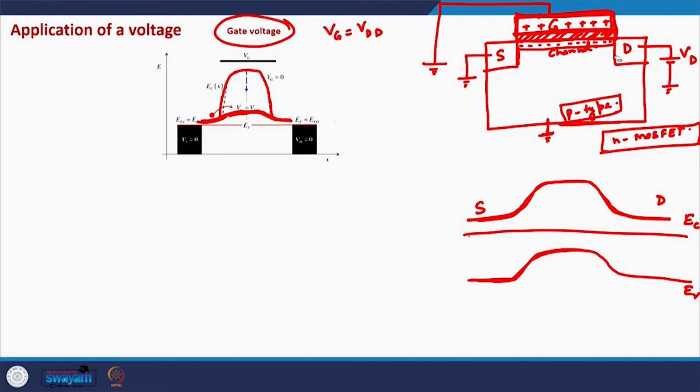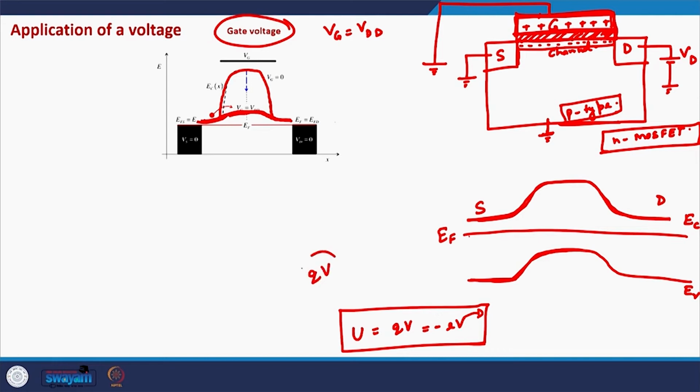So in this case, if there is a positive voltage on the drain terminal, again from this relationship, minus E times V, if V is positive, the potential energy of electrons will be reduced on the drain side, and the Fermi level will also go down by Q times V on the drain side.